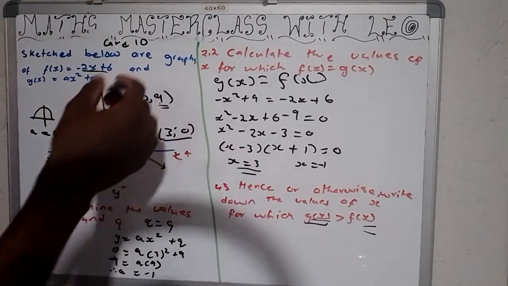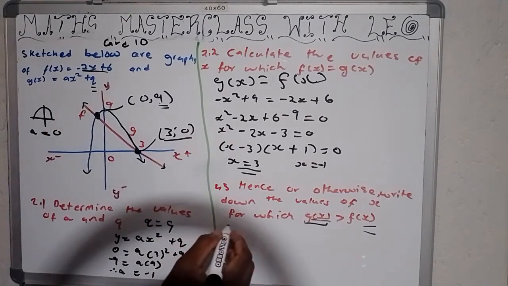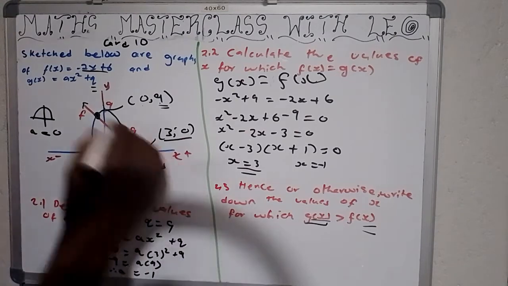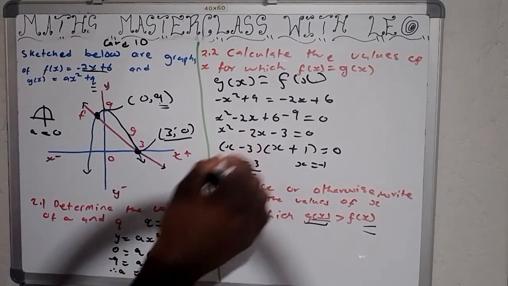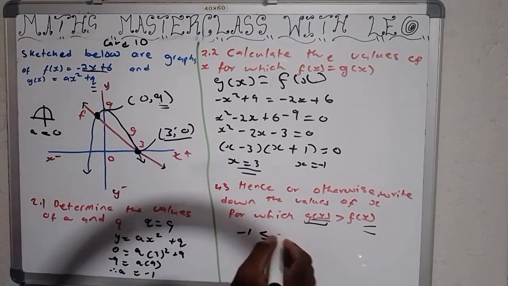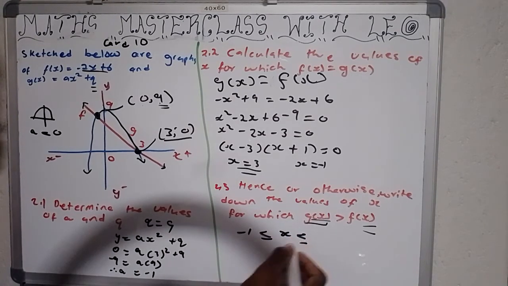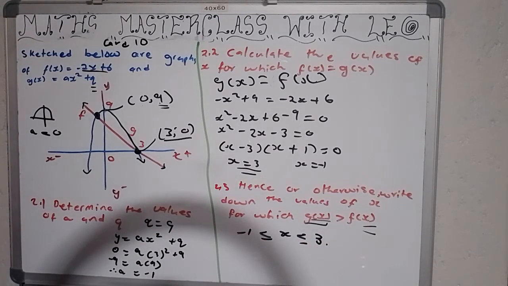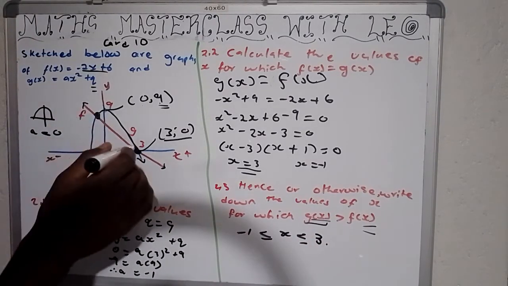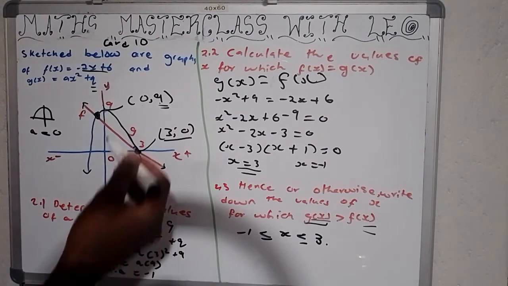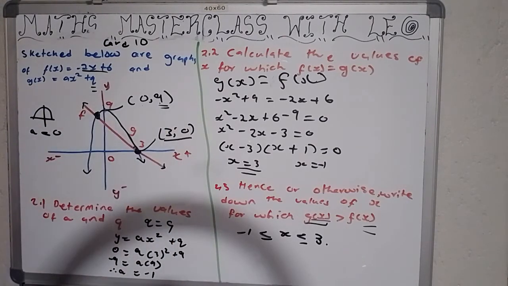So those points are in between: negative 1 is less than or equal to x, which is less than or equal to 3. In between these two points is where my g of x is greater than my f of x.